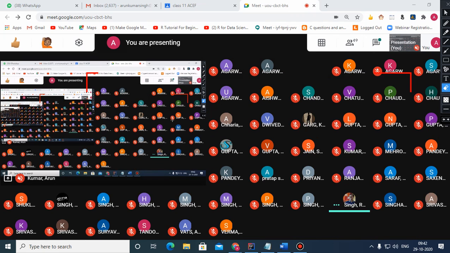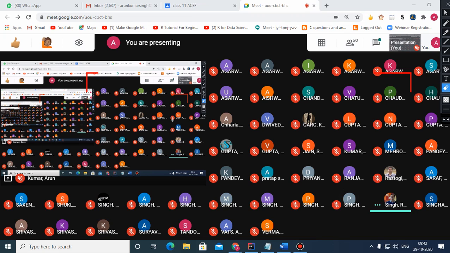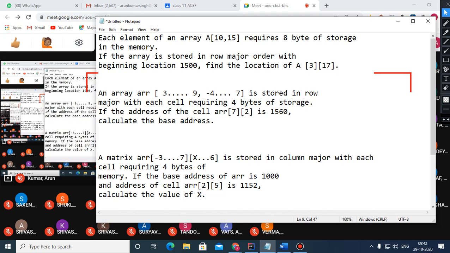And when R is involved, you need to multiply it with J minus LC, and if C is involved, you need to multiply it with I minus LR. Okay, so I am just posting these questions in the GCR. So all of you, if you want, you can attempt these questions.